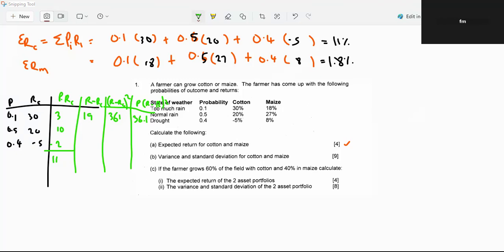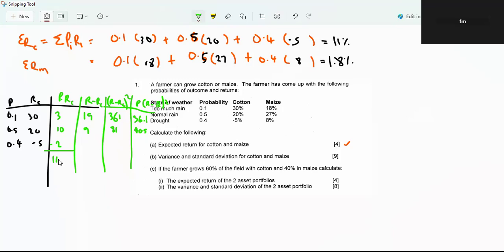So 9 squared is 81. How do you do the 81? 81 by 0.5 is 40.5.